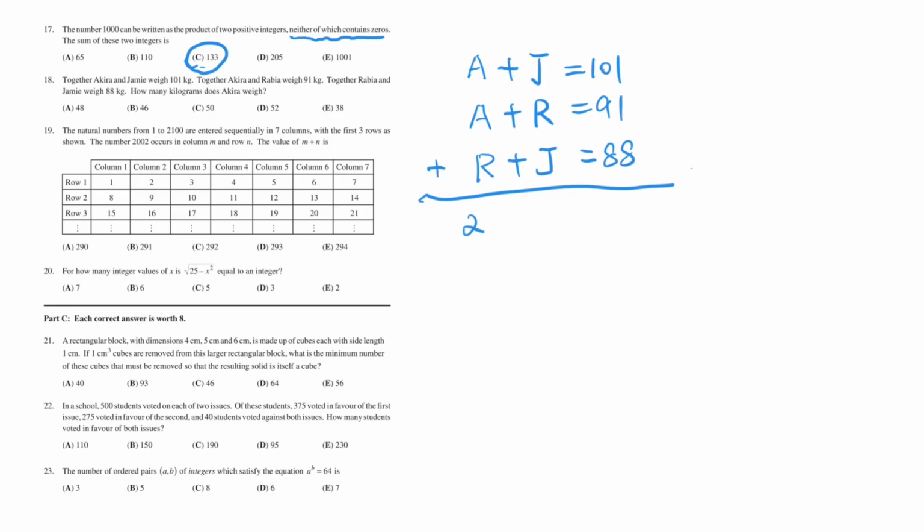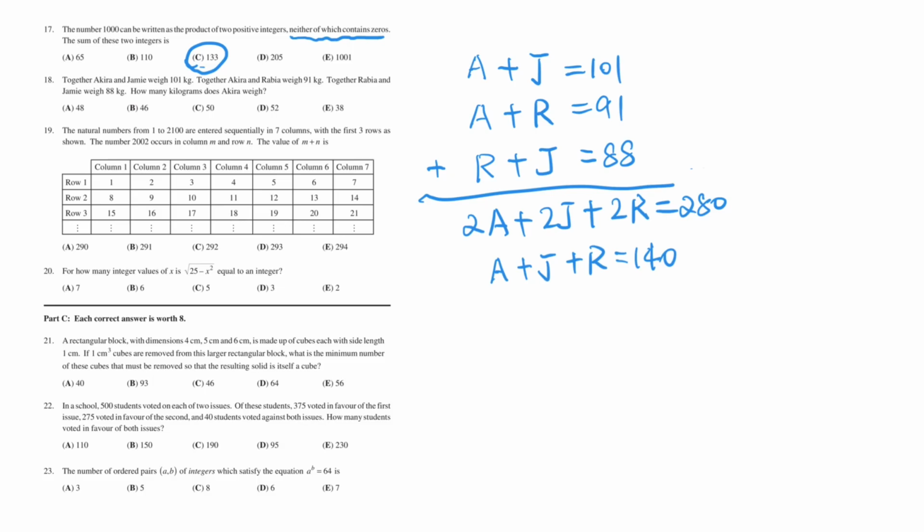They give us 2a plus 2j plus 2r equals 280. Cancel the 2 on both sides: a plus j plus r equals 140.